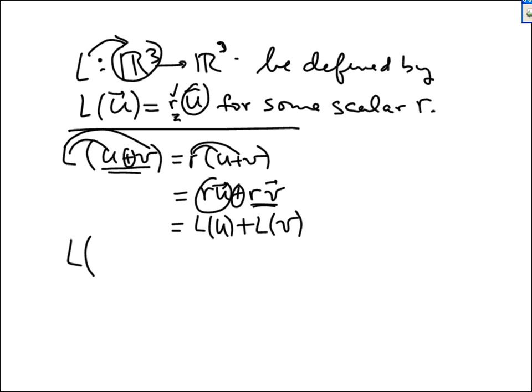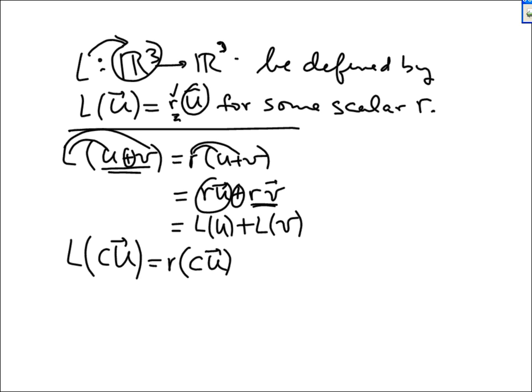Now, let's look at L of C times U. C times U, a scalar times a vector, is just another vector. If C is 1, it's even the same vector. C times U is some vector, and L of any vector is that same vector times R. Now here is where you have to know your theorems and know what these objects are.